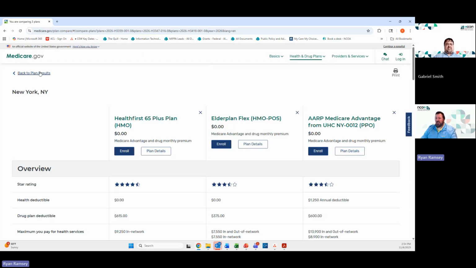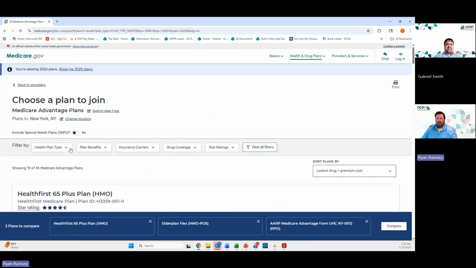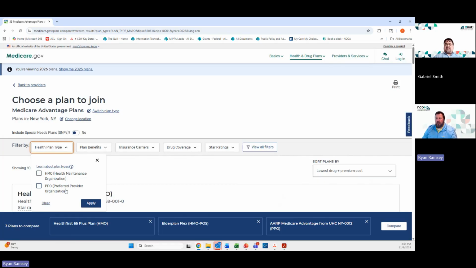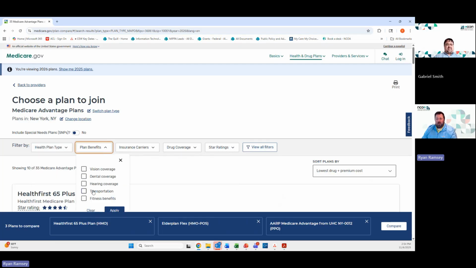But I will say, just the ability on Plan Finder now to filter by, do I want solely PPOs where I can have more flexibility on going in and out of network, being able to prioritize, yes, I'm looking for all of these benefits and I don't want to see anything that does not include vision coverage, dental coverage, that sort of thing.